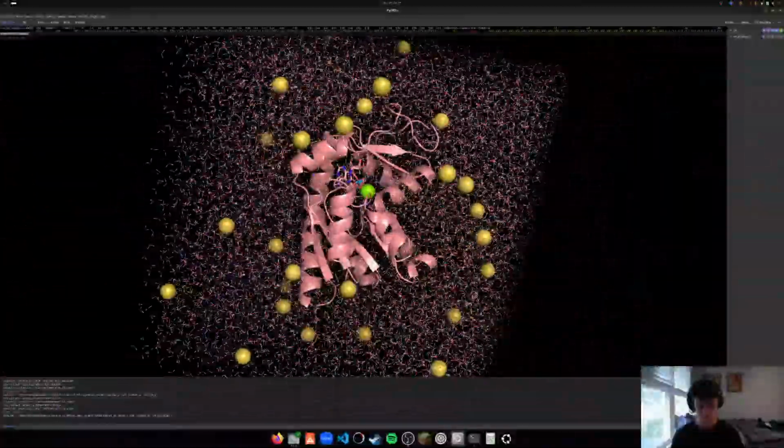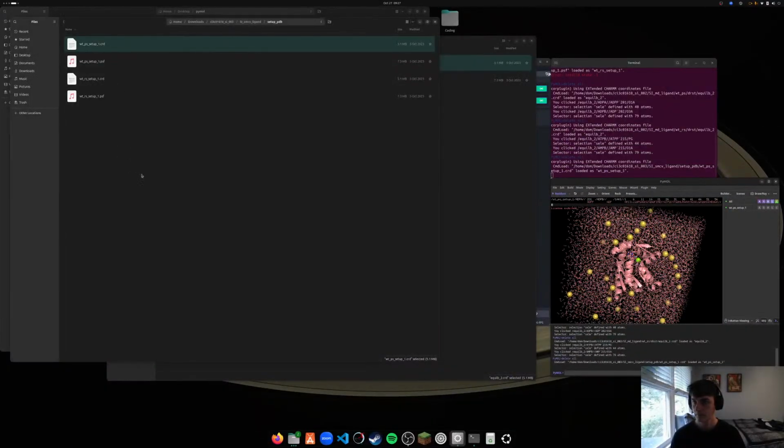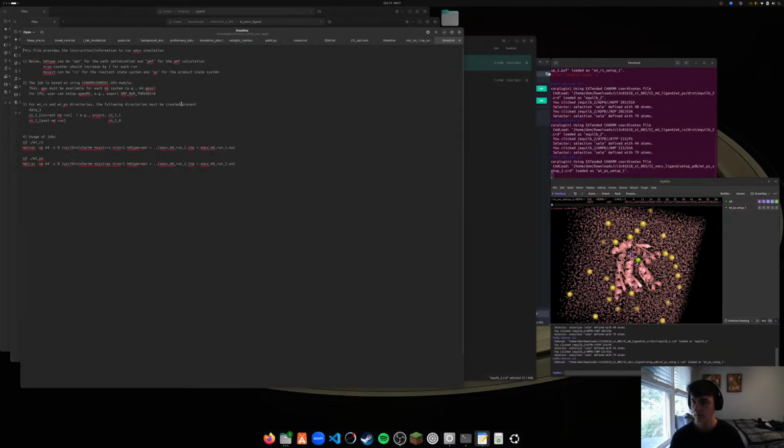Okay. This provides the instructions and information to run SMCV. Below, the run type can be opt for the path optimization. Job. MPI run.